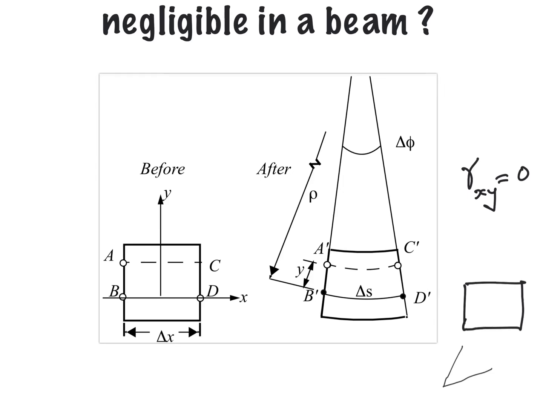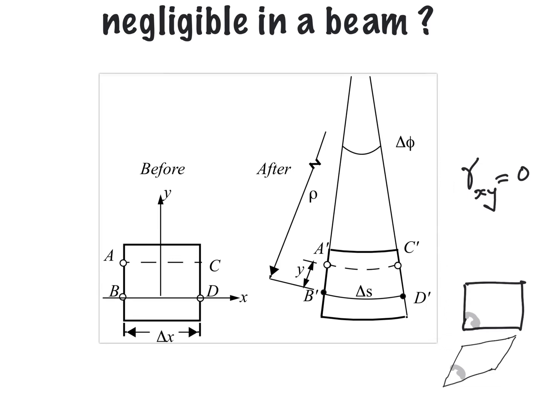Once it deforms, the element undergoes no extensional strains, in other words the lengths of the 4 sides remain the same, but this angle gets reduced. To be precise, if gamma is the shear strain, this angle is initially pi by 2 or 90 degrees, and it will come down to pi by 2 minus gamma.